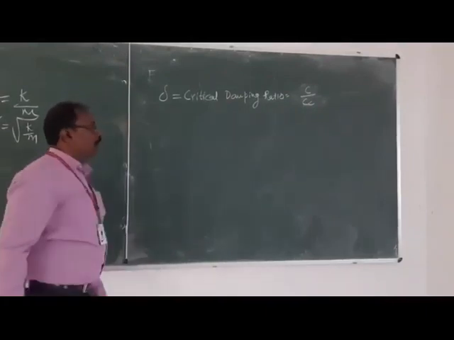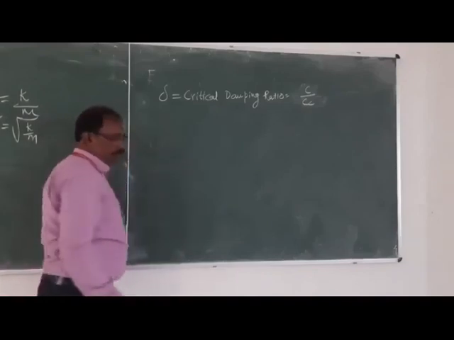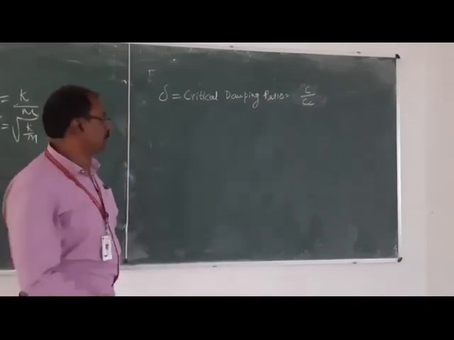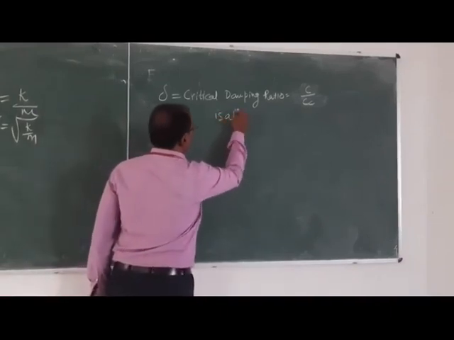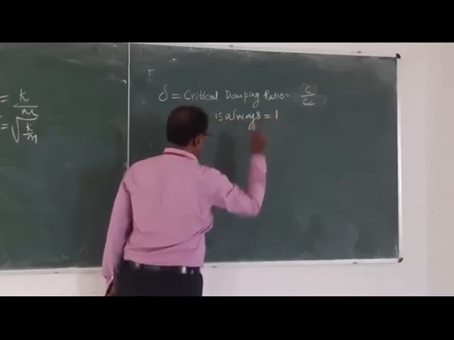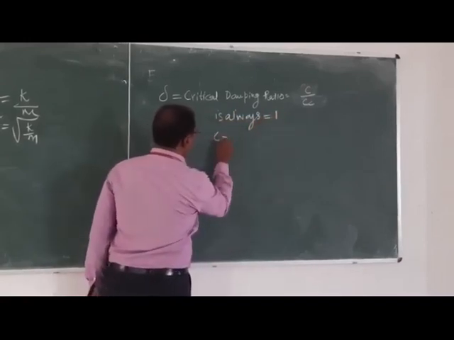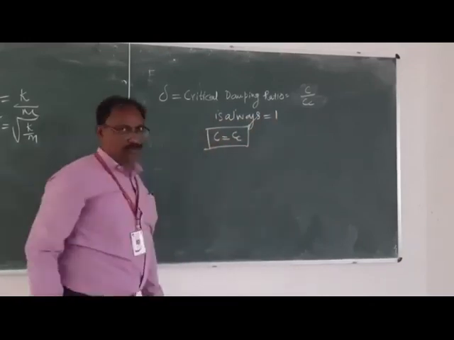So the critical damping ratio is always equal to 1, because C is equal to Cc in the critical damping case.